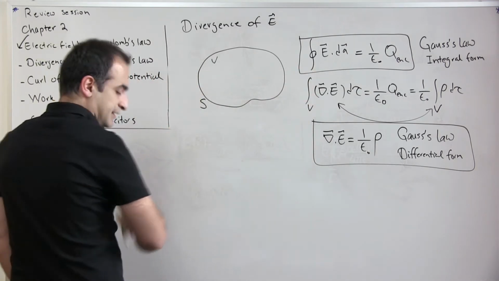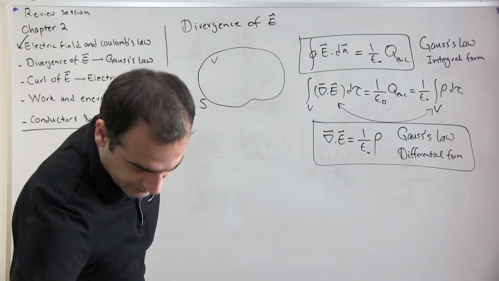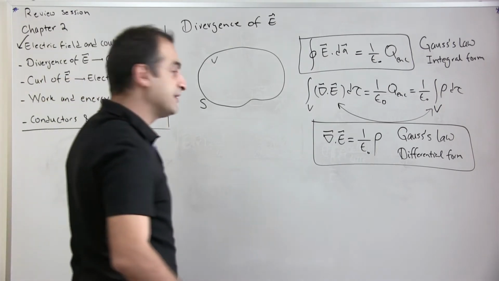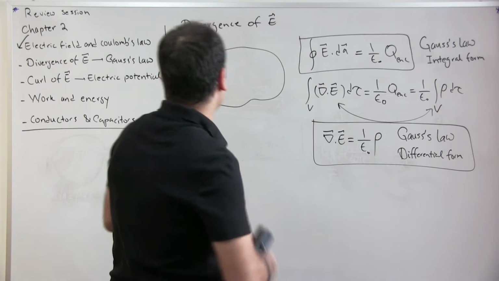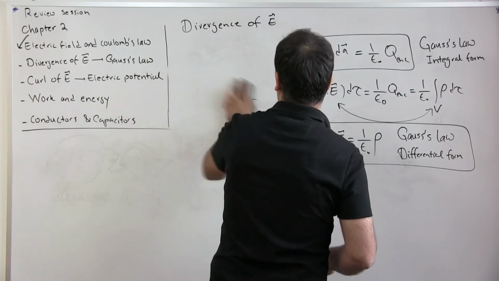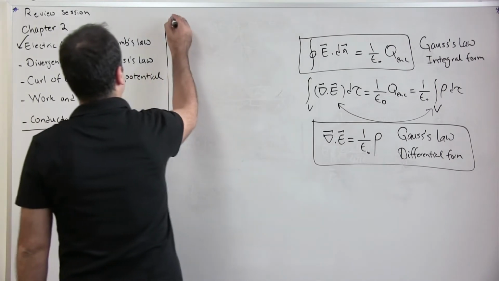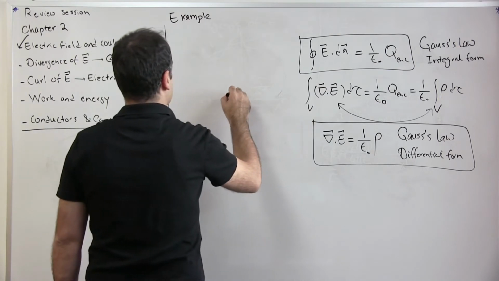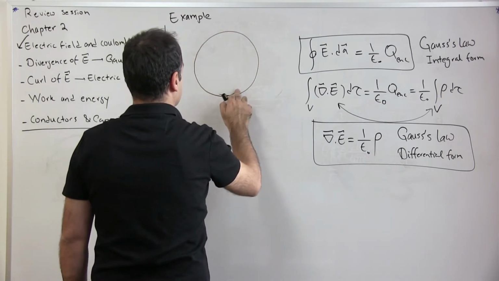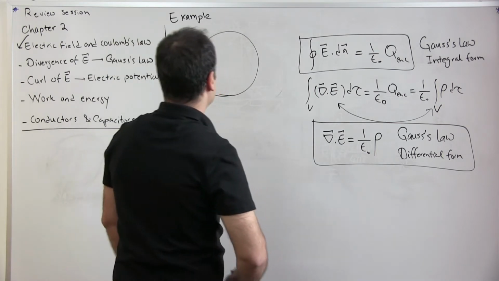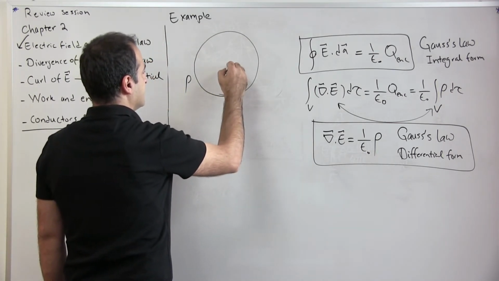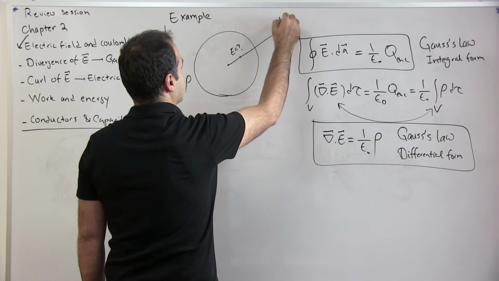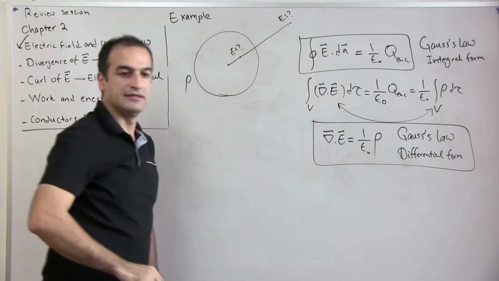One of the examples I can give you, I'm not sure if it is in the book, but this is one of those classic problems. It's a solid sphere with uniform charge density. So you can imagine that you have a solid sphere with uniform charge density rho, and someone asks you, what is the electric field inside, maybe here, and outside this solid sphere?